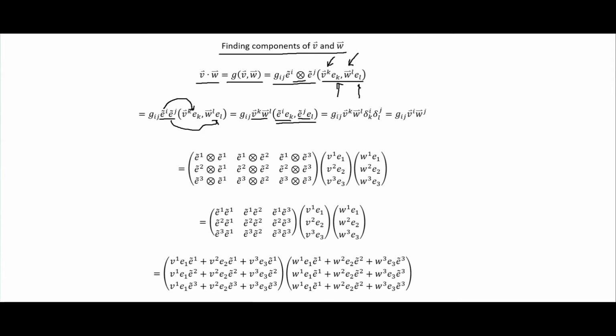Well, then these two bases just turn into the Kronecker deltas here, because in the first one, only when i equals k is it 1, everywhere else it's 0. In the second one, only when j equals l is it 1, everywhere else it is 0. And so now we have this right here, which gives us the components for v and w.